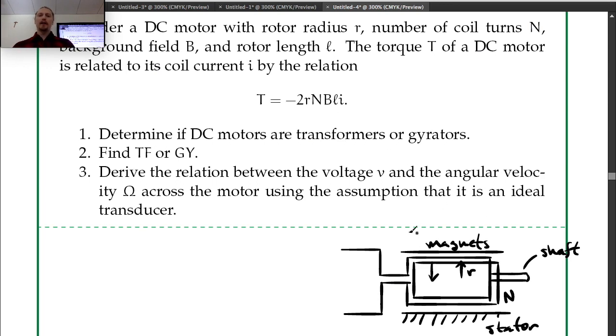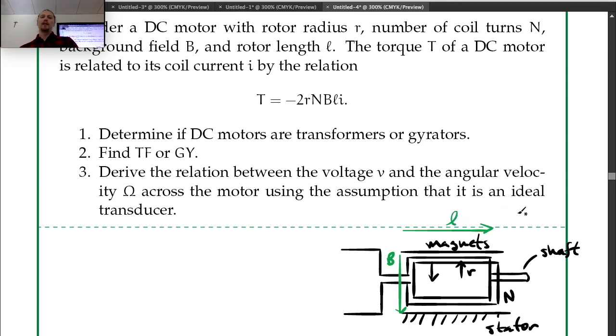Then there's this background magnetic field. That's the B field, the background magnetic field for the magnets. The strength of that field also goes in, so the more background field you have, the better. And then also, of course, the rotor length. The length of the rotor, L, is also a factor.